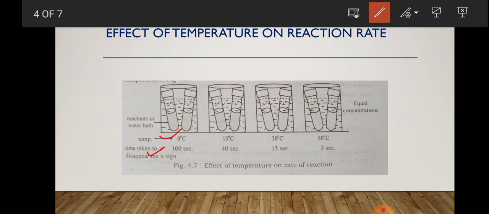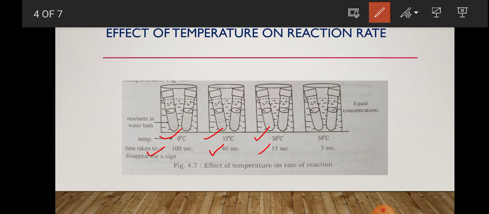And you see the next step, when temperature increases to 15 degrees centigrade, then the time is less than before, only 40 seconds. And next step, when temperature is increased more, that is 30 degrees centigrade, then time is reduced again, that is 15 seconds.